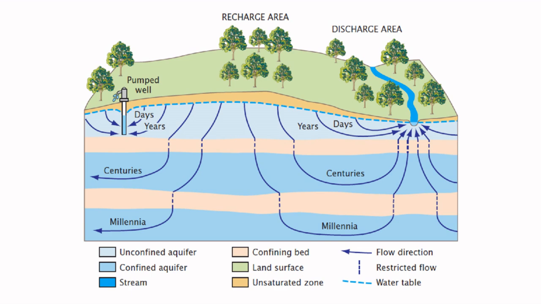Sometimes it can also happen that an effluent stream in the course of its run could also become influent at places. This depends upon the relative water level elevation of the stream and the groundwater body. We call this phenomenon induced infiltration.